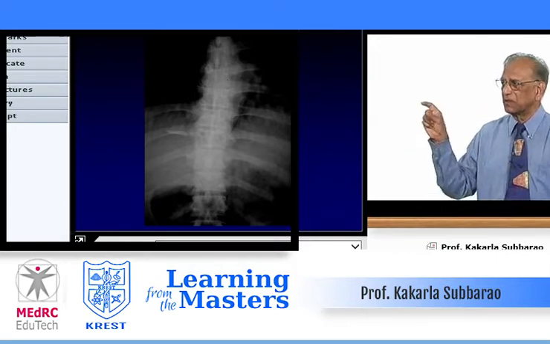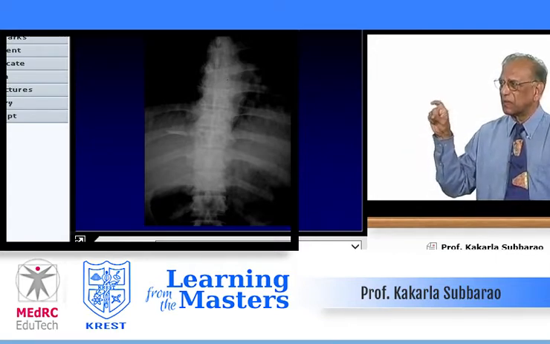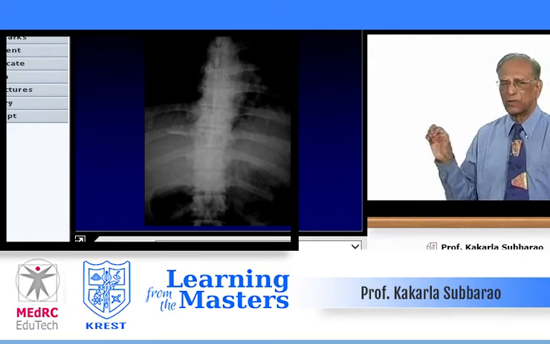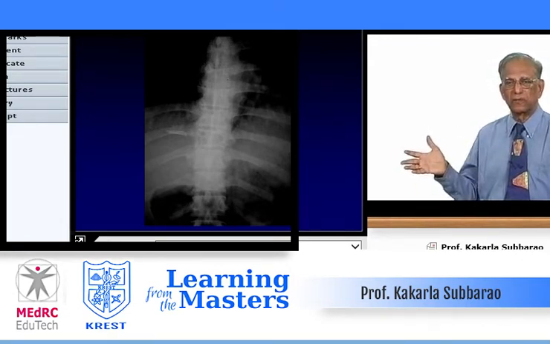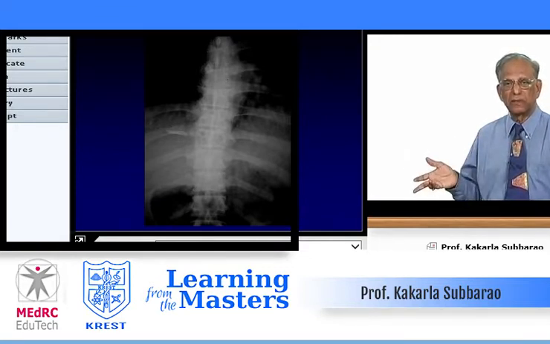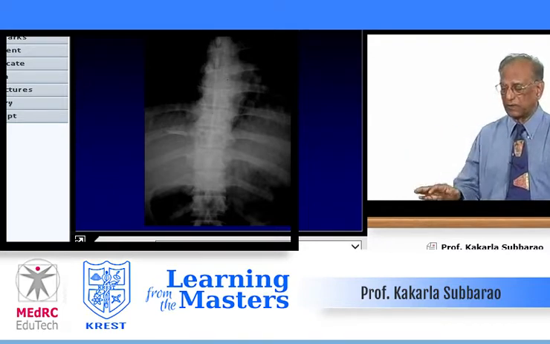You could see a nicely lytic lesion and a slight compression of the D10 vertebra. So the differential diagnosis goes from hemangioma to plasmacytoma to giant cell tumor. Of course not aneurysmal, so you can't think of an aneurysmal bone cyst. If it's a younger person, histiocytosis X. All these are the possibilities.